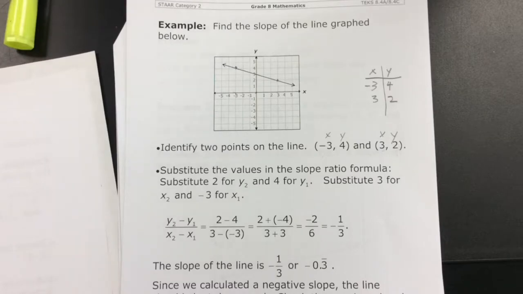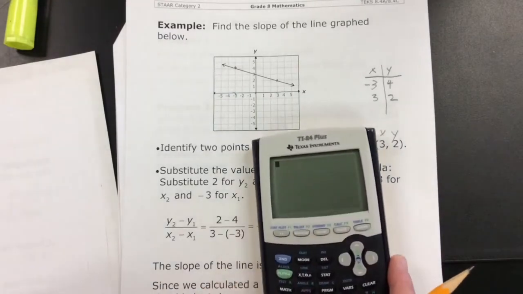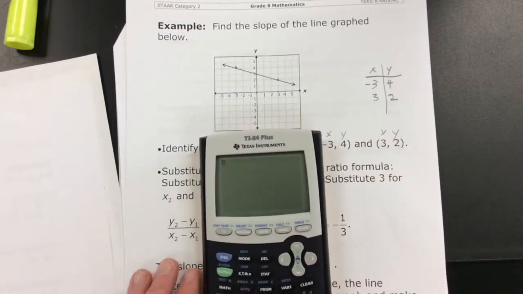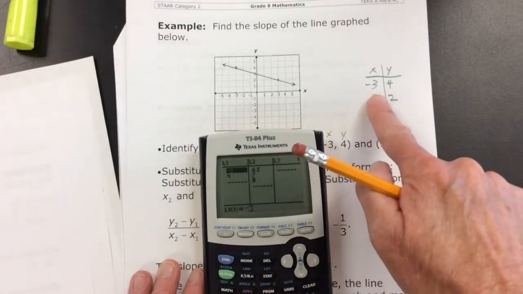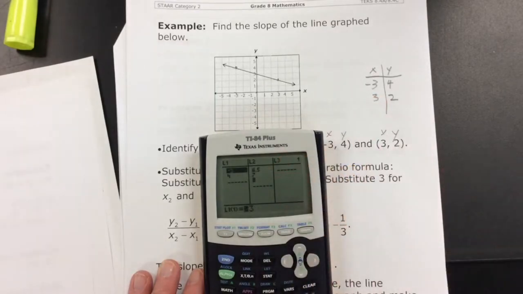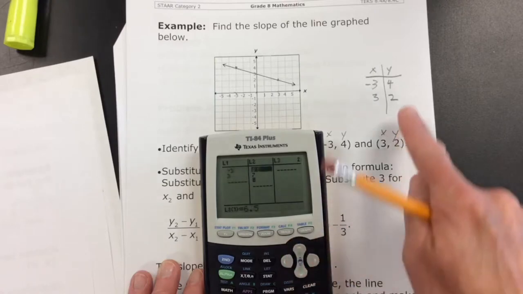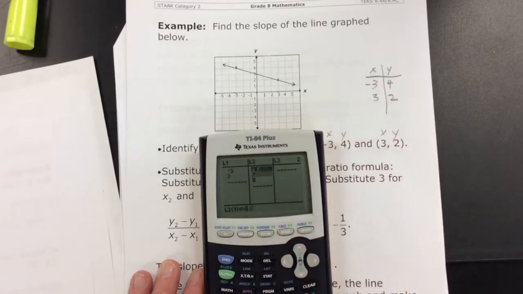So to do that, you need to go to Stat, Edit, Enter, and we have some numbers from the last problem, but that's okay. Put in a negative 3, Enter, and put in a 3 here for your x, Enter, then go up and over, and we're going to put in a 4 and a 2, Enter.